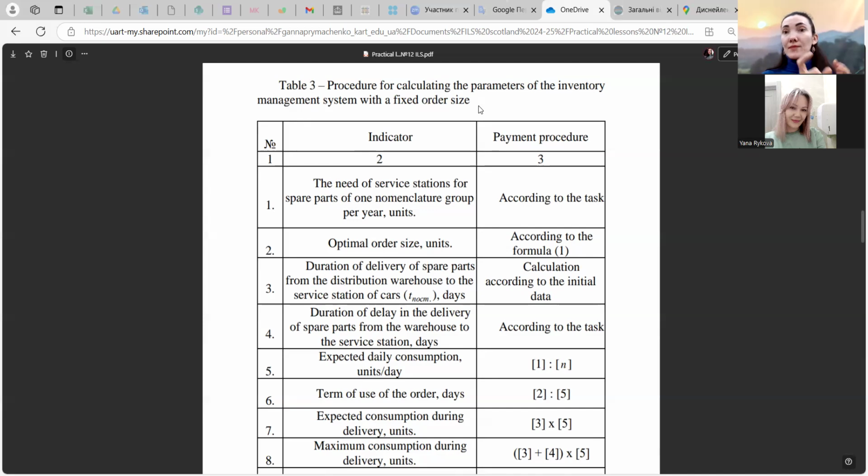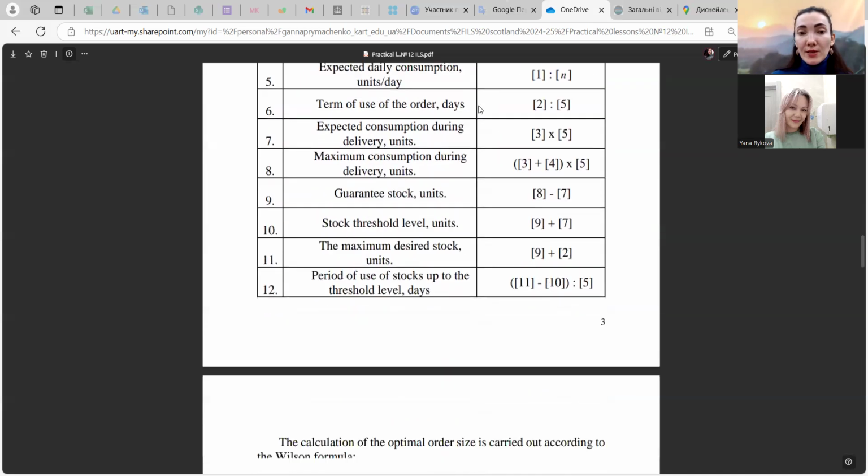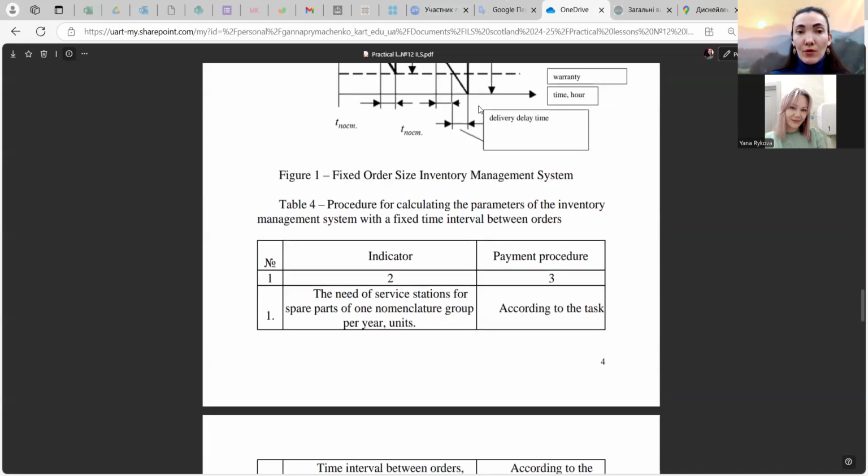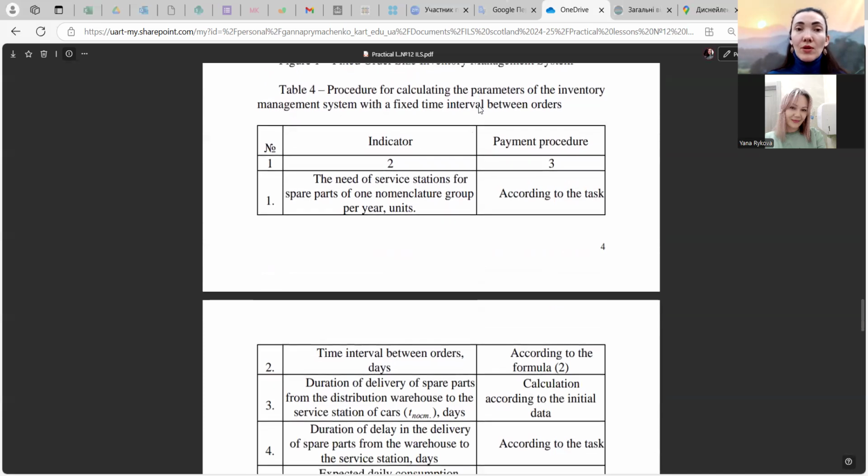In the next table, table number 4, the name is: produced for calculation of the parameters of the inventory management system with a fixed time interval between orders. So in the first table it is a fixed order, and in the second table it is fixed time. So every, for example, 2 weeks, we buy goods for our warehouses. We need to find the same positions, but with fixed times.